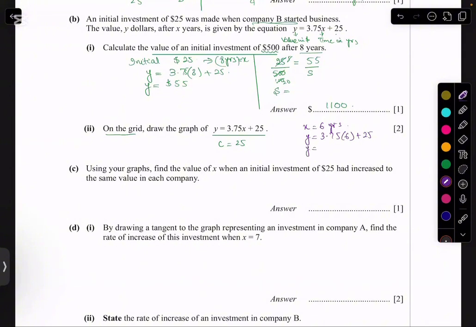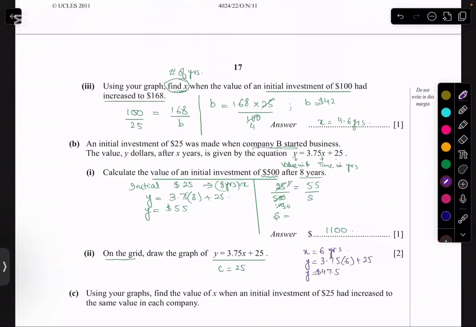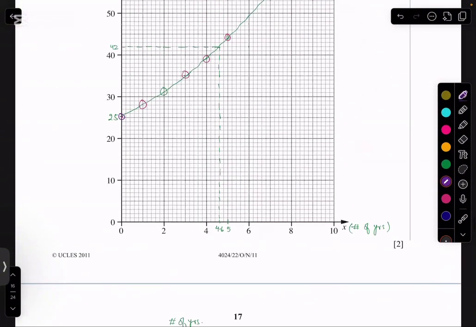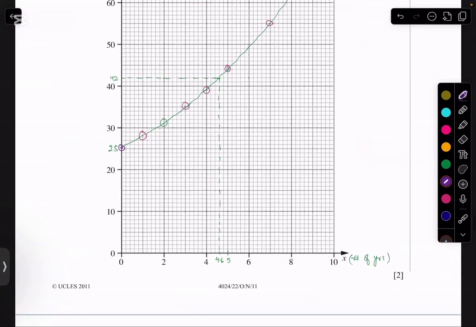This value would come out to be 3.75 times 6 plus 25, and this would give me 47.5, right? So this is $47.5. So 6 years per, it should be a $47.5. So another point that I can have is 6 years per, it's a $47.5.